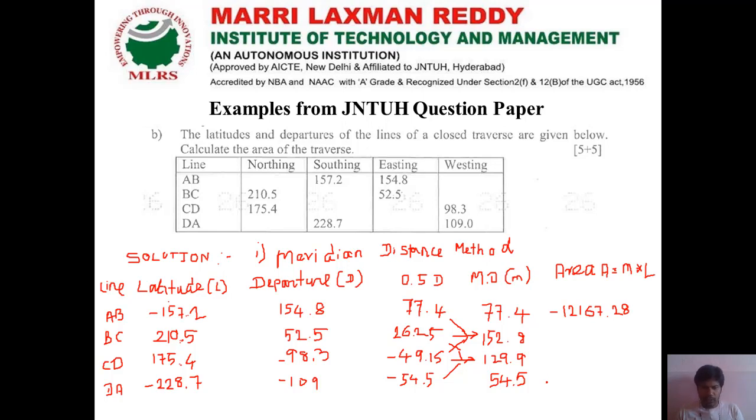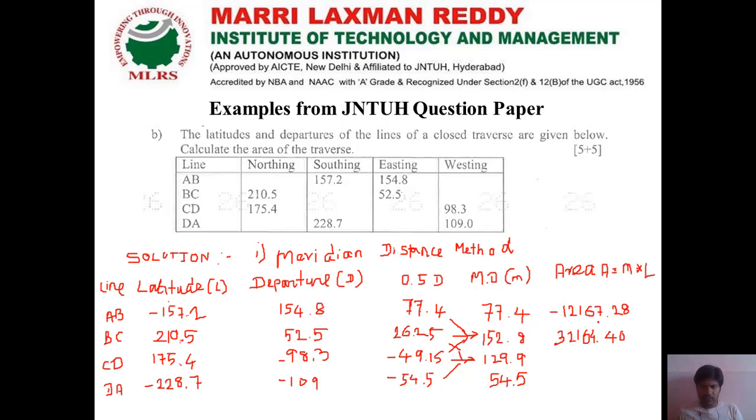Second one is 152.8 into 210.5. The answer is 32,164.40.